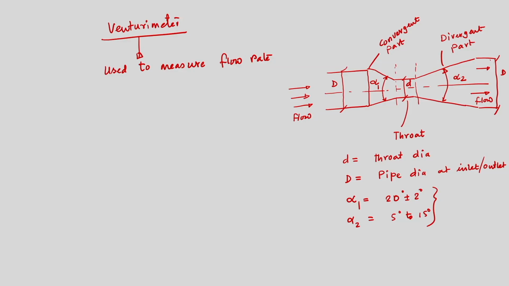Now, for this simple calculation we need our fluid mechanics understanding, the continuity equation, that is mass conservation, and if we consider the flow incompressible, then we can apply the Bernoulli equation.